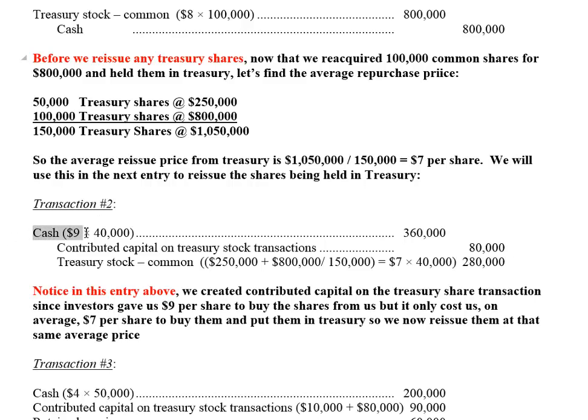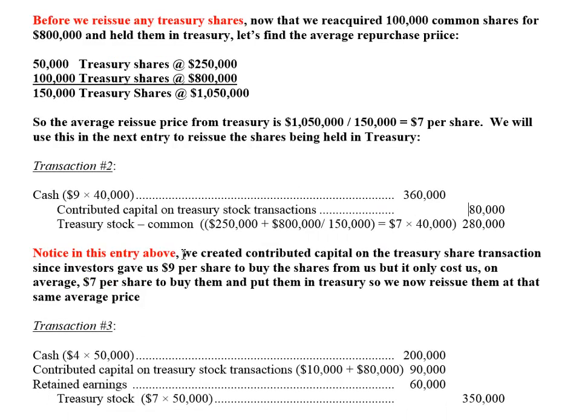But notice, the investors have given us $9 a share for shares that we bought back on average at $7. Because it cost us less on average to buy back and hold those shares than the investors were prepared to give us now, since the common are trading at 9, we're going to be creating contributed capital on the Treasury share transaction, and that's $80,000.